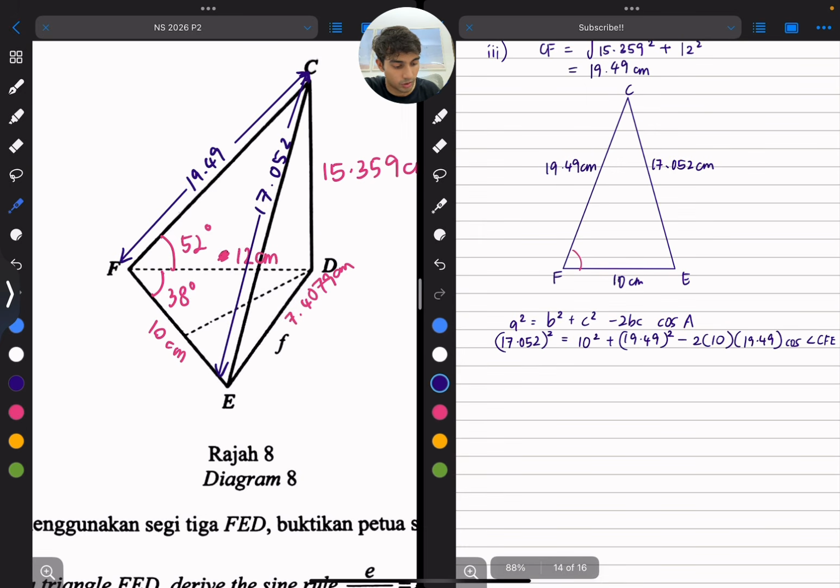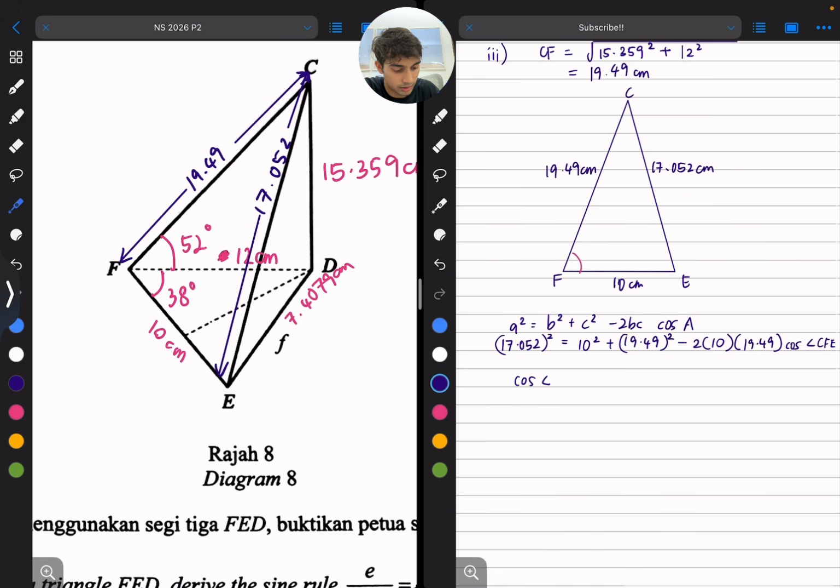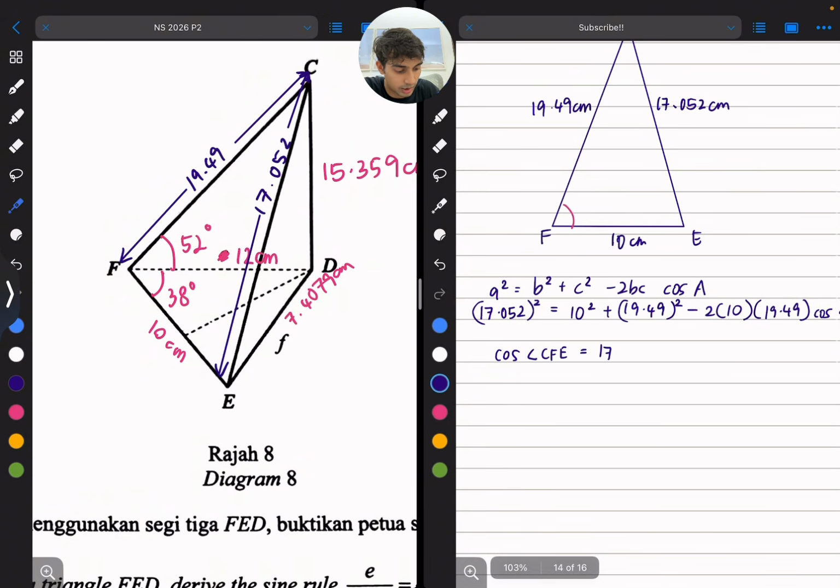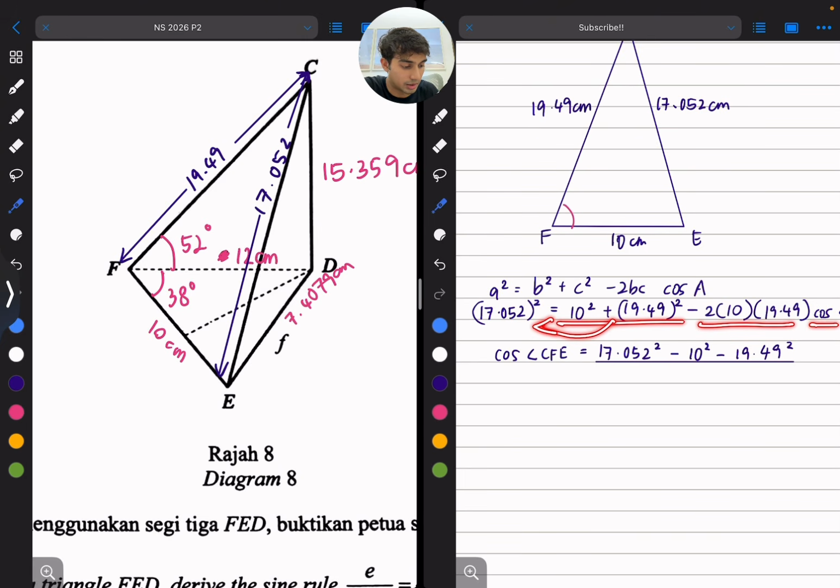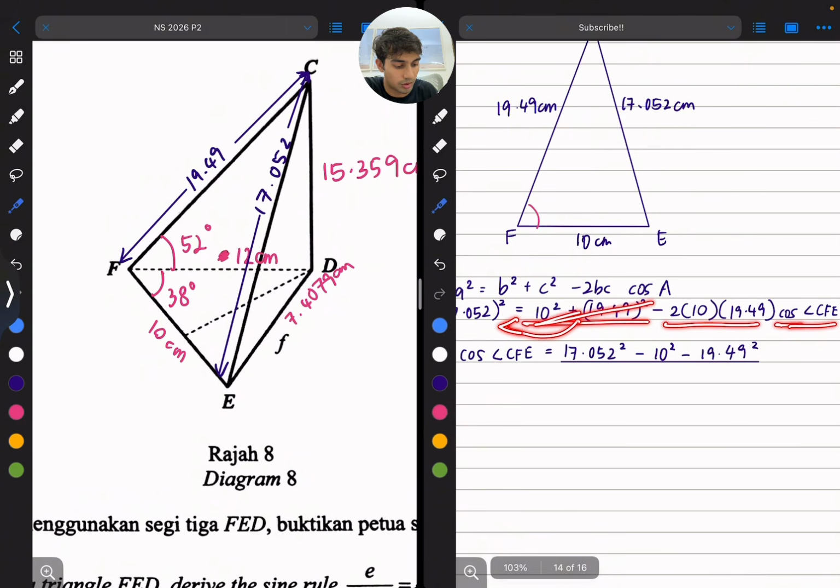Okay, so if you want to make cos CFE the subject, it will be 17.052 square minus 10 square minus 19.49 square, divided by negative 2 times 10 times 19.49.